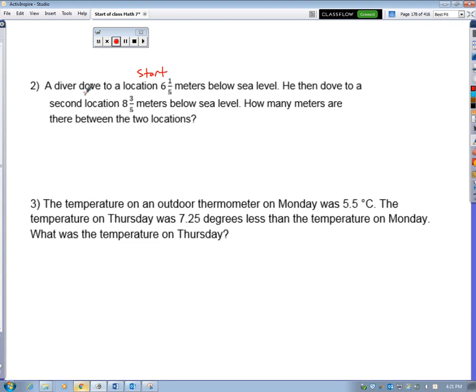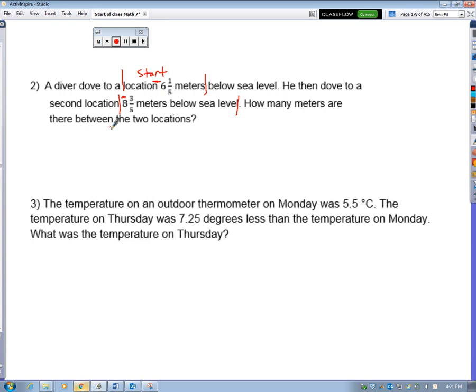If he's diving to a location below sea level, that's going to be negative. And then he dove to this location. It doesn't say how far he dove. It says he just started here and then went down and arrived right here at this location. I'm going to put some brackets here. This one is also below sea level.